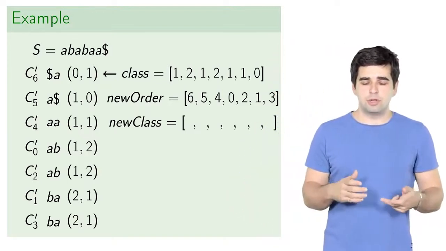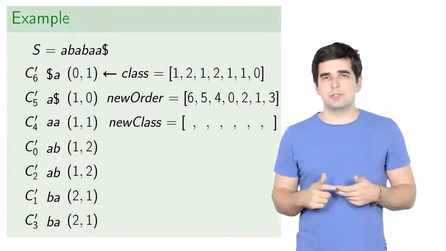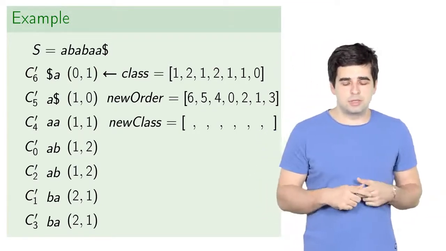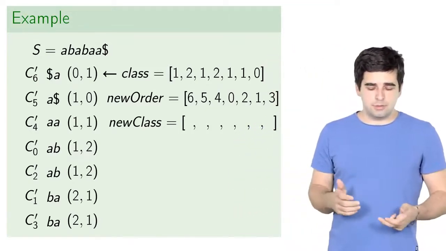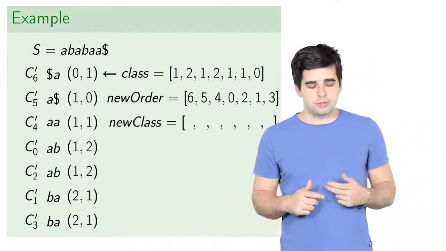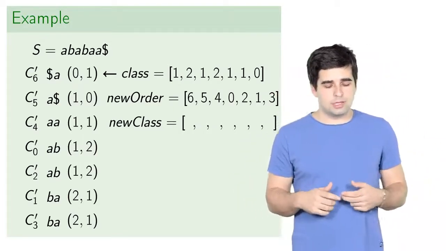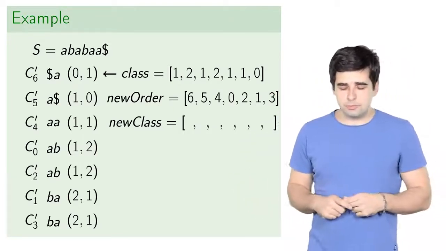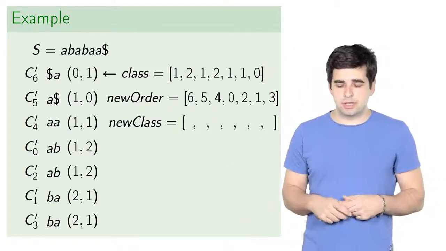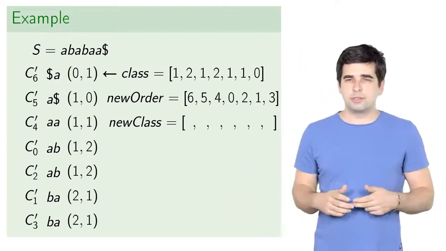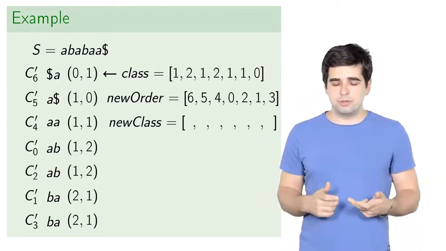For example, for $A, the equivalence class for $ is 0, and the equivalence class for A is 1. So it corresponds to pair 0, 1. And for AB, for example, the equivalence class of A is 1, and the equivalence class of B is 2. So we write down the pair 1, 2. These are the pairs of the equivalence classes of the single cyclic shifts. And now we need to compute the equivalence classes of the doubled cyclic shifts and write them down into the array new class.